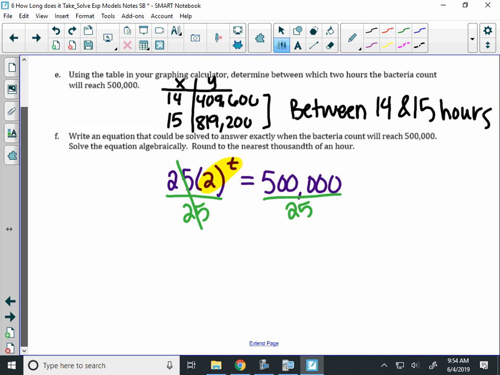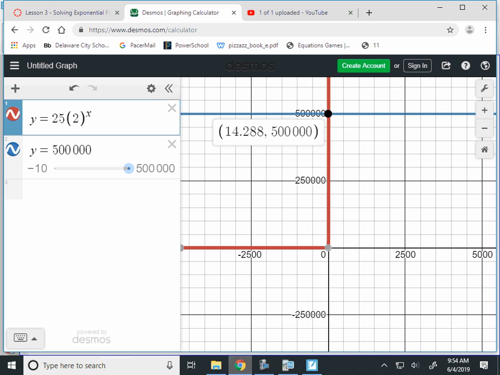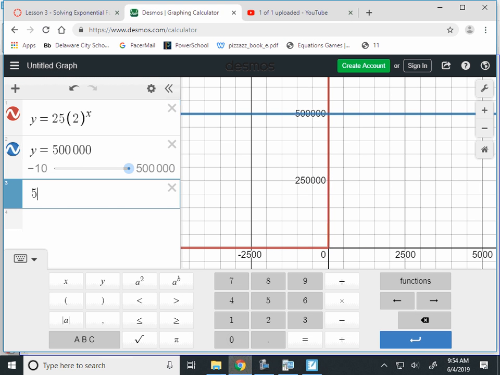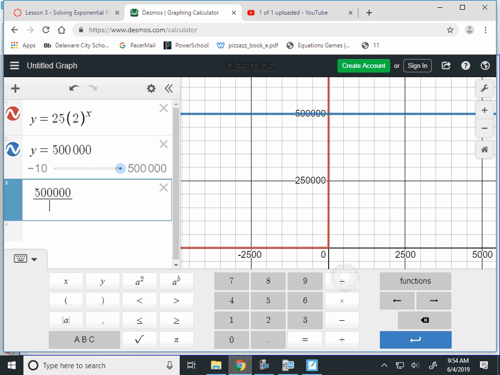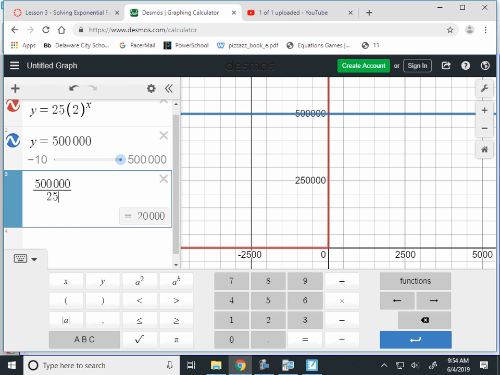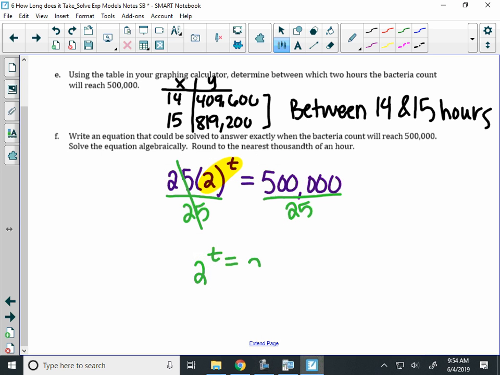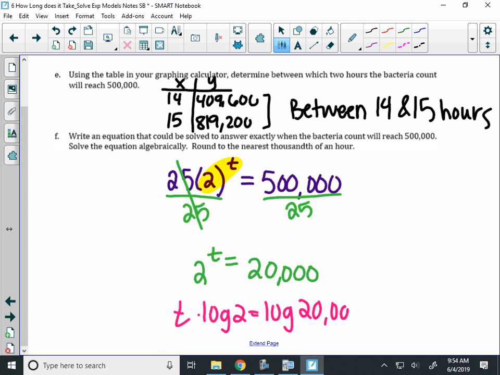I have 2 to the t equals 500,000 divided by 25, which equals 20,000. And then I take the log of both sides. So I'm going to bring my variable in front, t times log of 2, and divide by log of 2.